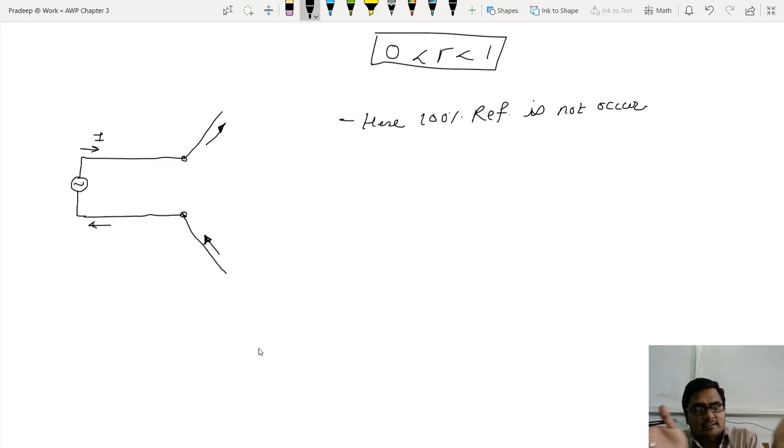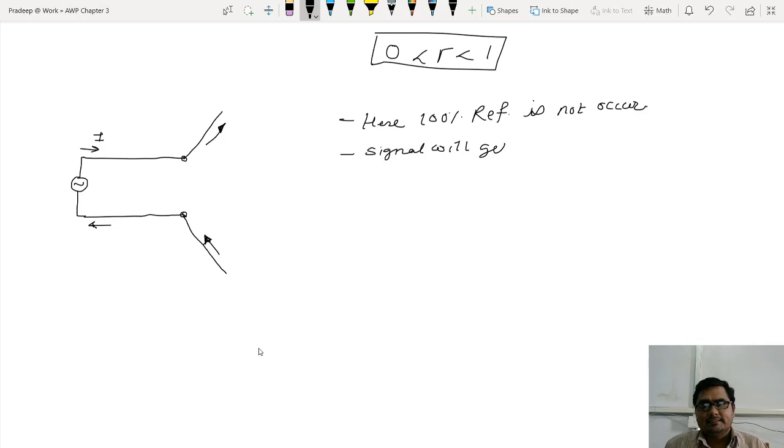If you flare the transmission line, if you spread the transmission line, if you bend it, then there will not be 100% reflection, is it? So one thing is clear, 100% reflection is not there. It means what?